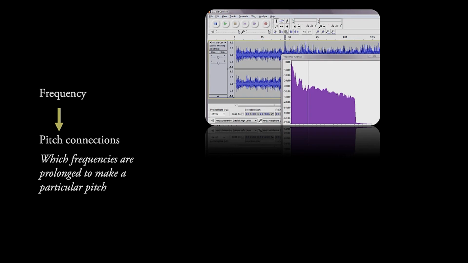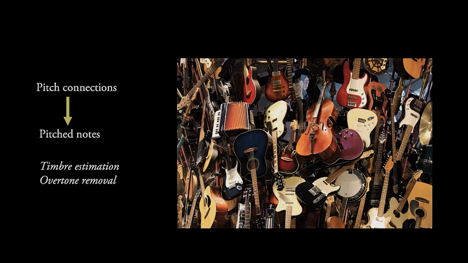And once we have these particular frequency pitch connections, we want to move from there to pitch notes. As we saw with the piano example, there were two frequencies there. Does that mean two pitches, or is one of them a reverberation in the room?